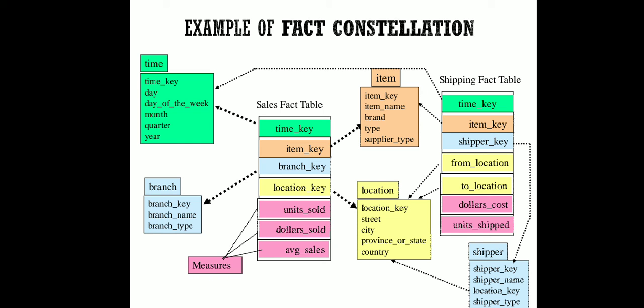Only the sales fact table is using the branch key and the branch dimension table, and the shipper dimension table is dedicated to the shipping fact table. There can be shareable dimension tables, there can be separate dimension tables. So it is a much better view. If we have to maintain more than one fact table, we can go for this fact constellation.